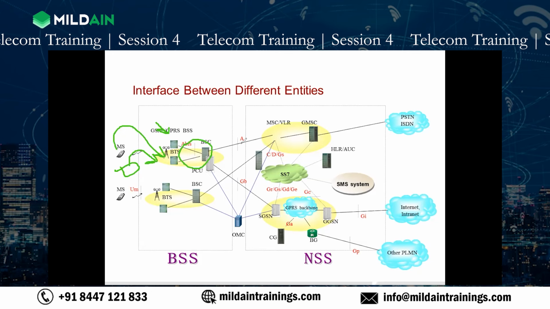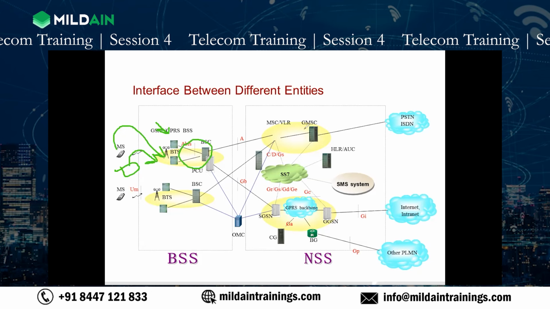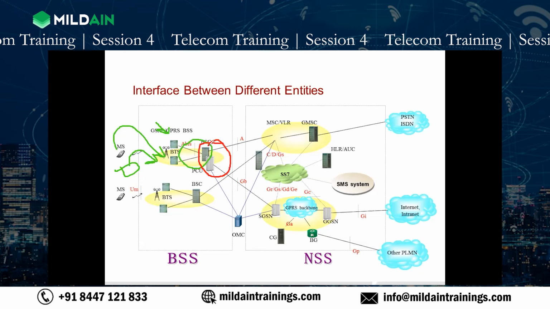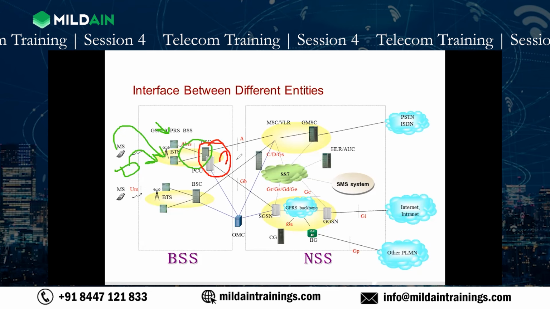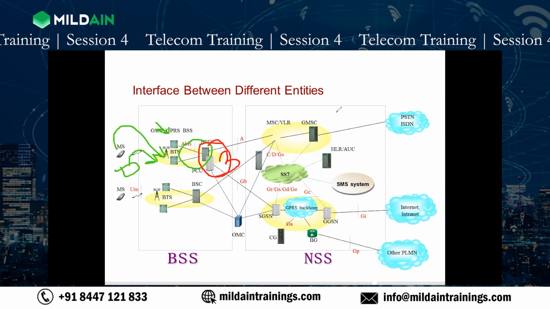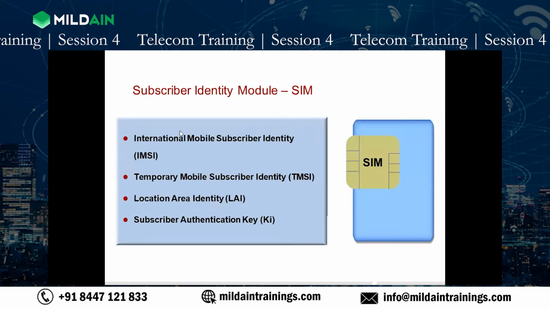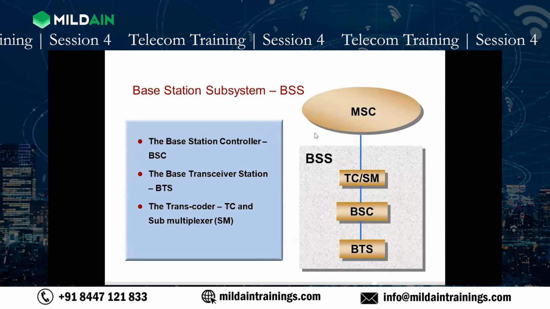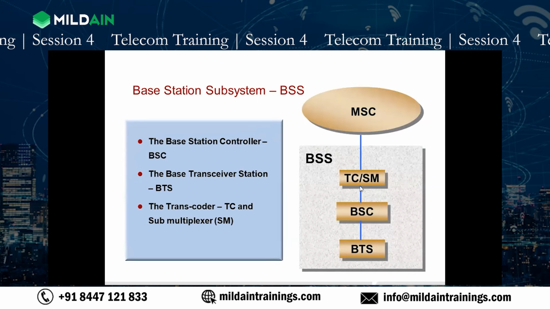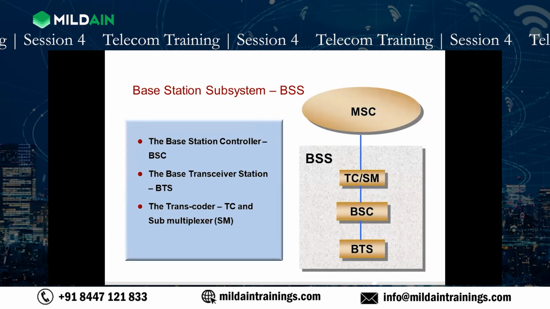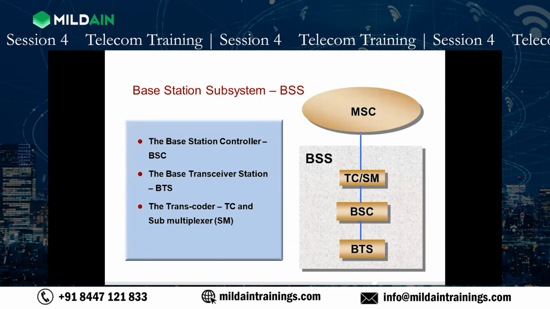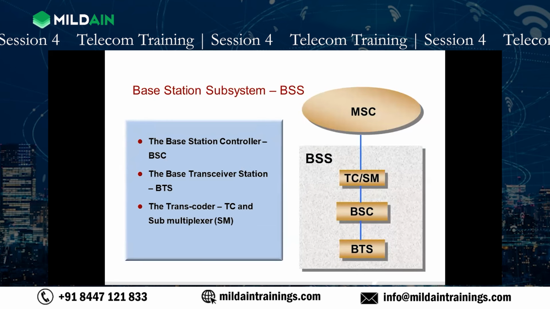You got this? This BSC has its own mechanism and parameters, three parameters. The parameters are the transcoder, the multiplexer, the BSC base station controller, and the base station transceiver.